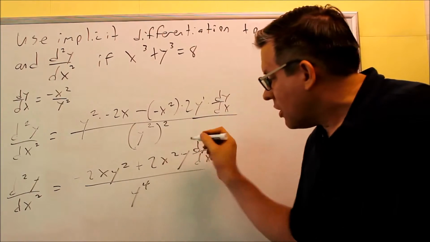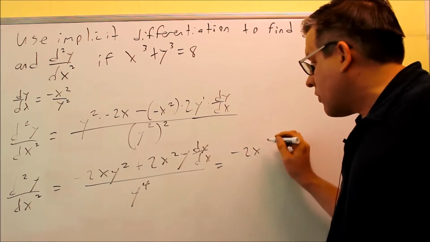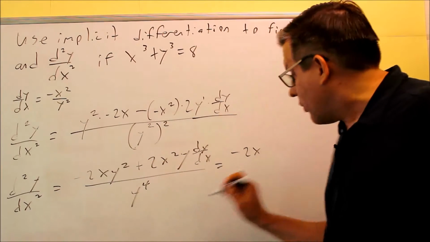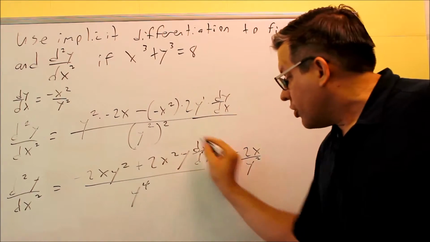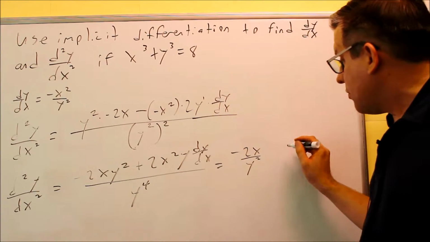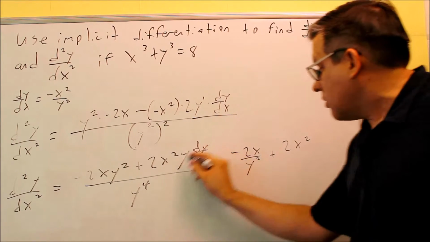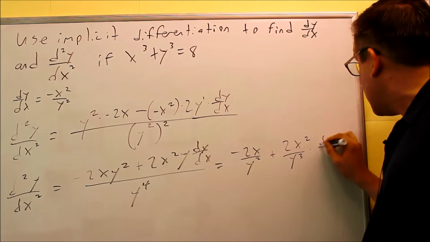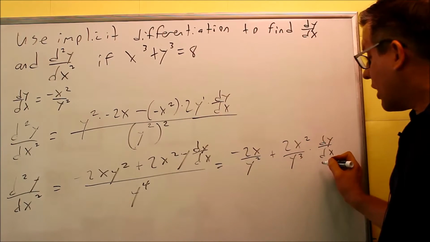So let's do that. Just break the fraction up into two separate pieces. I have negative 2x, and now I have a y squared divided by y to the fourth. That's going to leave me with a y squared on the bottom. We're going to do this one and separate it as well. You have plus 2x squared, and this one will have a y cubed on the bottom, and I'm going to write dy/dx separately like this. You can write it like that.